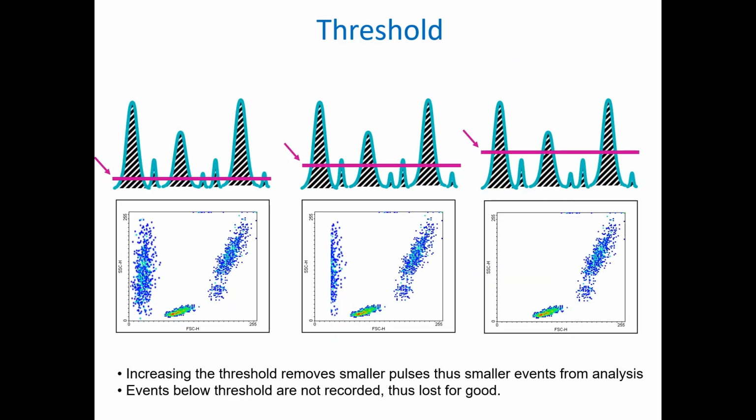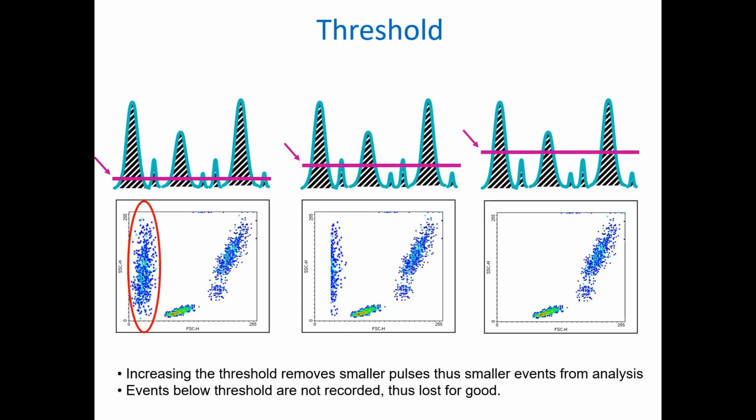This is a real-life example of the effect of changing the threshold. This is a peripheral blood sample, so a mixed bag of cells and possible debris all run at the same voltage or gain setting. You can see that there's a wide range of pulse sizes corresponding to the range of cell sizes. Here again, the threshold is set on the forward scatter.